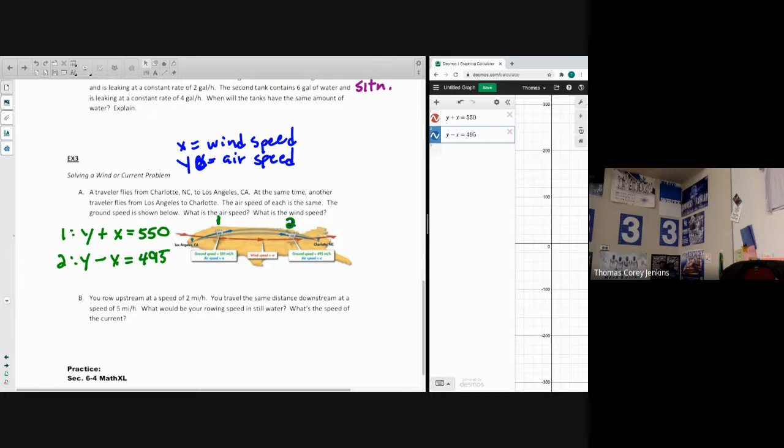Keep zooming. There we go, and we can see they cross at 27.5, 522.5.